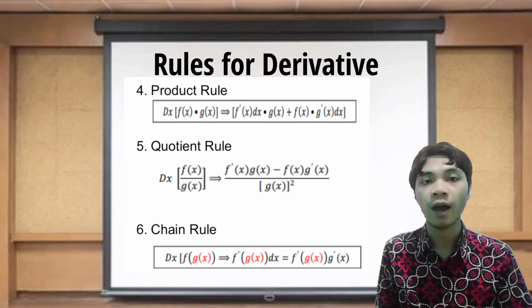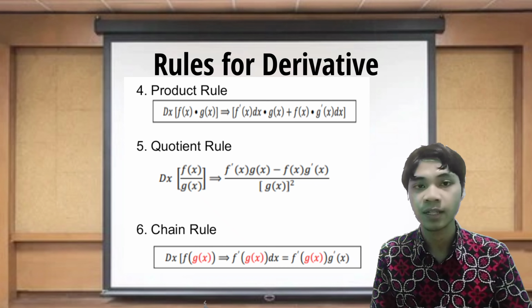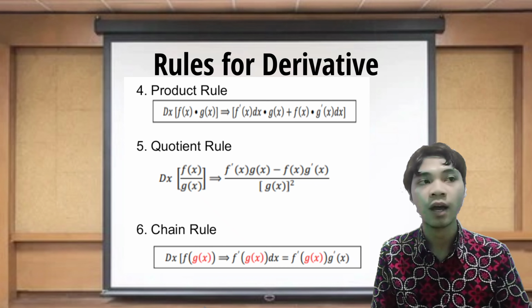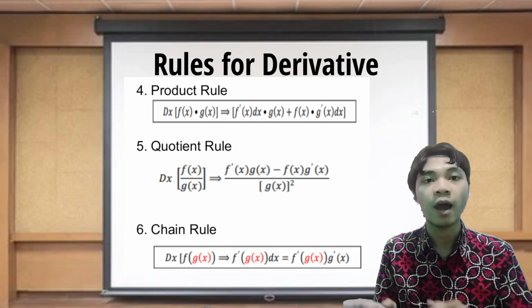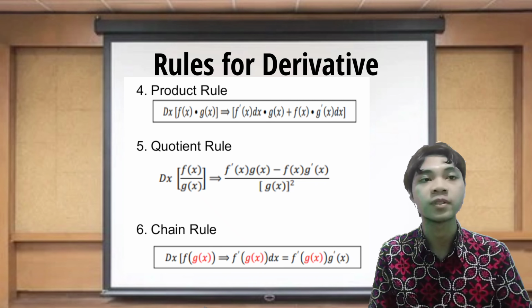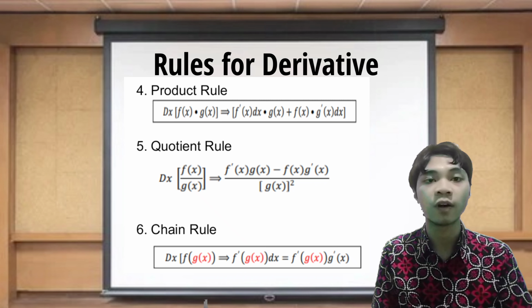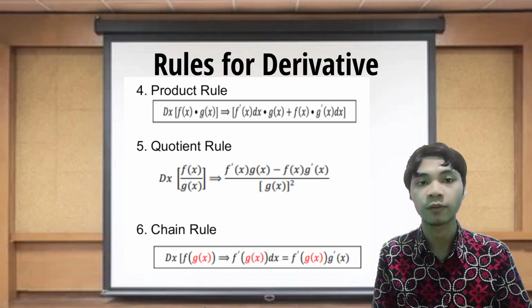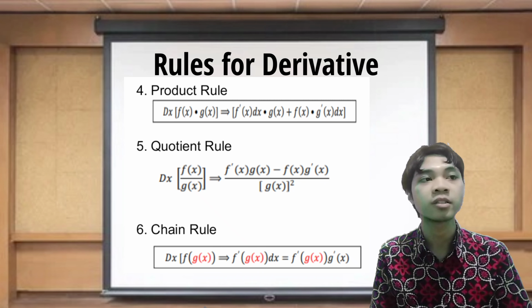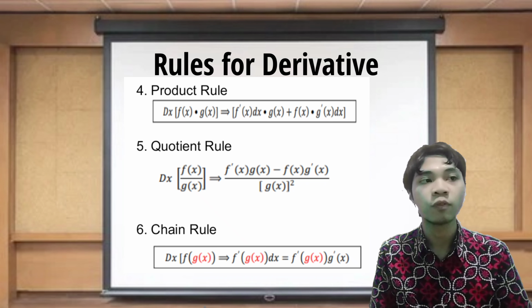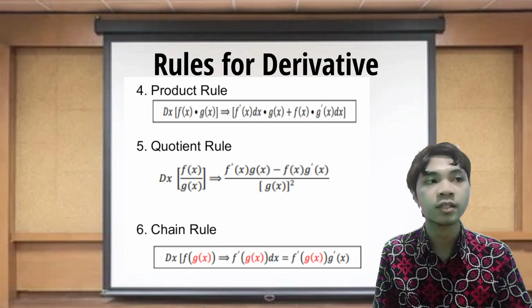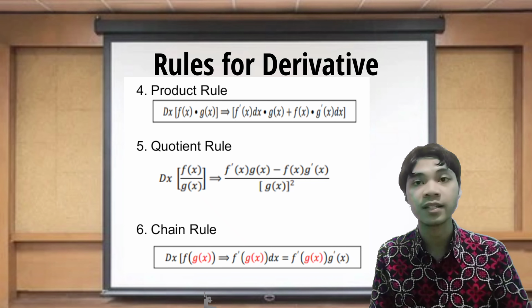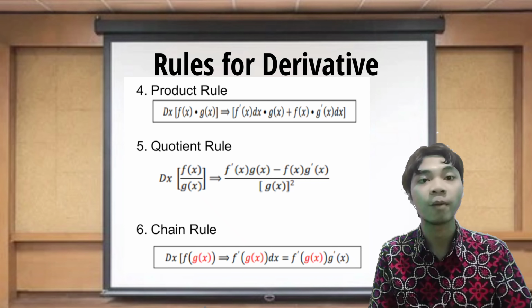If we have f(x) over g(x), the derivative of that is f prime x times g(x) minus f(x) times g prime x, over g(x) squared. Okay, and the last is chain rule. If we have f(g(x)), the derivative of that is f prime g(x) times g prime x.